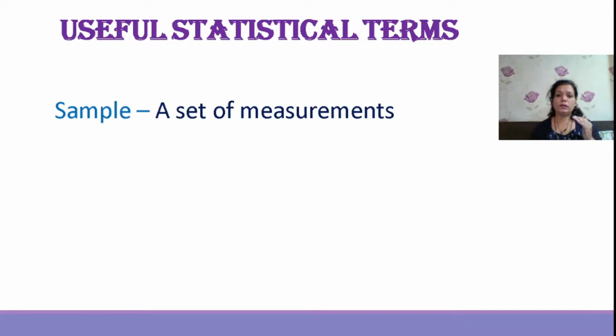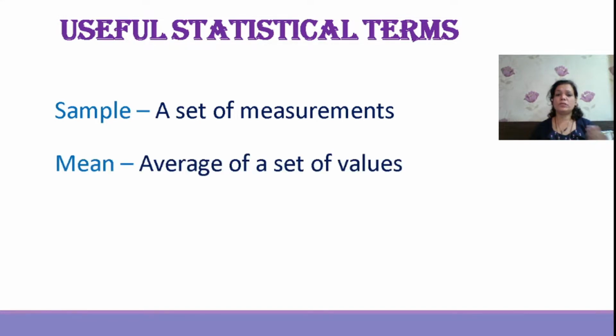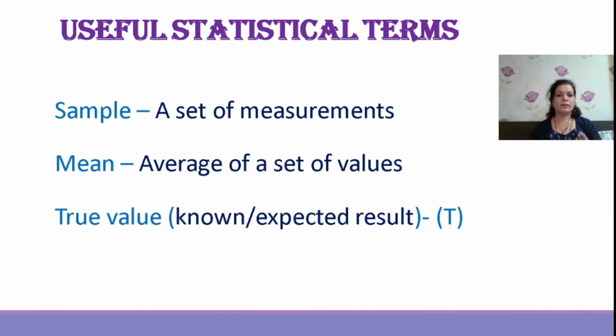when you are performing the analysis, you need to report the data in terms of specific statistical terms like sample, which is nothing but a set of measurements. When you observe the readings for a particular analysis, the average of the readings is defined as the mean.